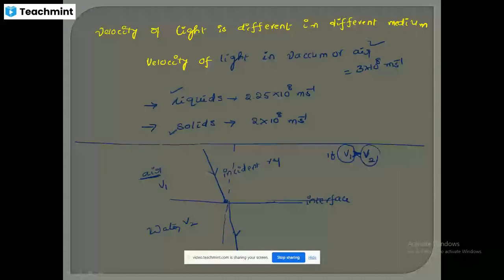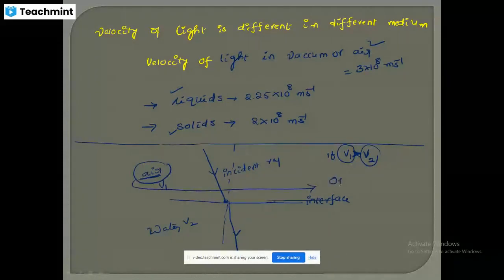This air medium is called the optically rarer medium. In an optically rarer medium, the velocity of light is more. What about water?